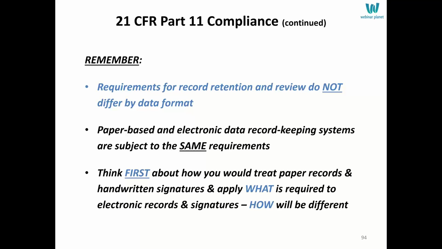And these are subject, again, to the same requirements. Think first about what you would have to do on a paper record or what you have to prove about a handwritten signature, and apply that what to the electronic records and signatures. The how is going to be different, but what is required? Authenticity, intent, being clear, those are what are required. How you do it is going to be different.